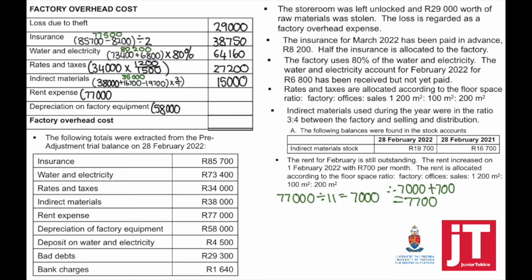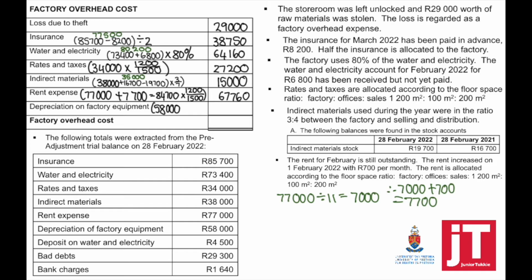So 77,000, which was given to us, divided by 11 because 1 month is still outstanding, equals 7,000. But now it increased with 700 per month, which means that 7,700 needs to be added. And then we calculate it according to the floor space.